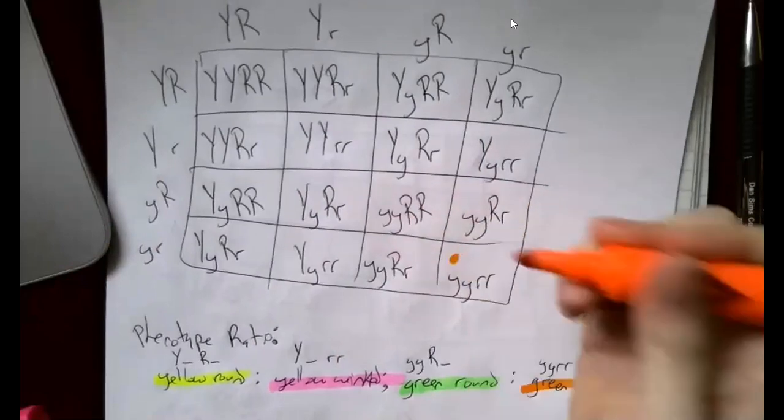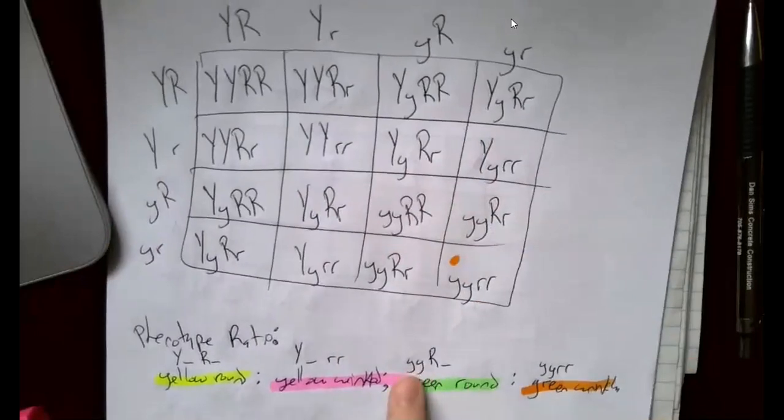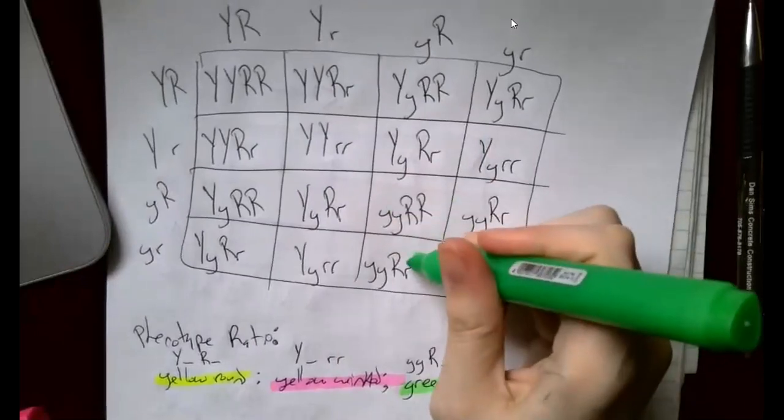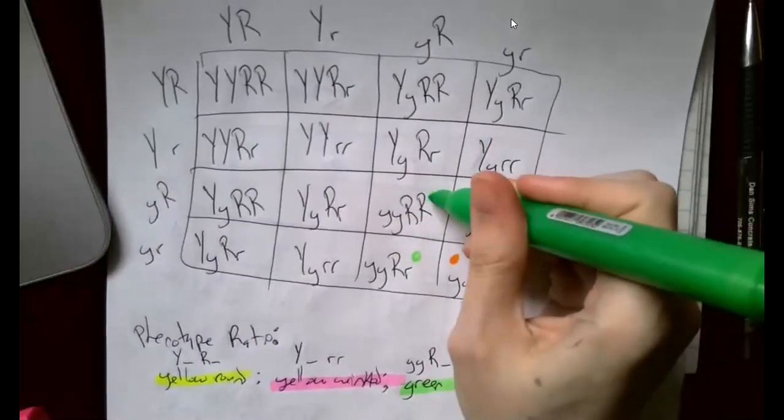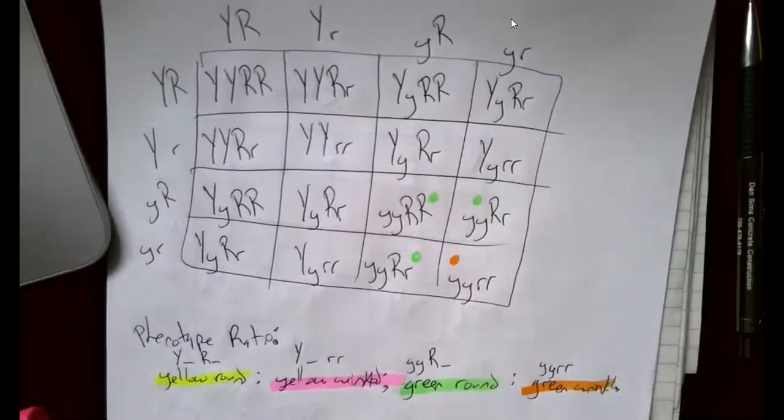And that is right there. And then I'm going to look and say, okay, where do I have all lowercase y's and a capital R? Well, I have that here and here and here. And I think that's it.